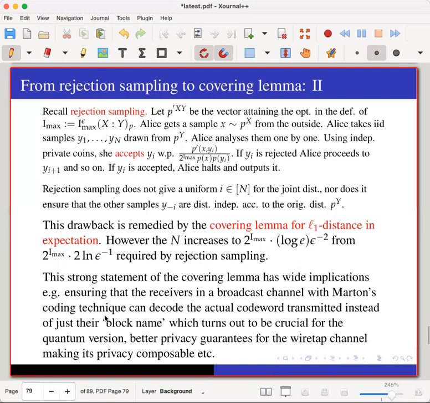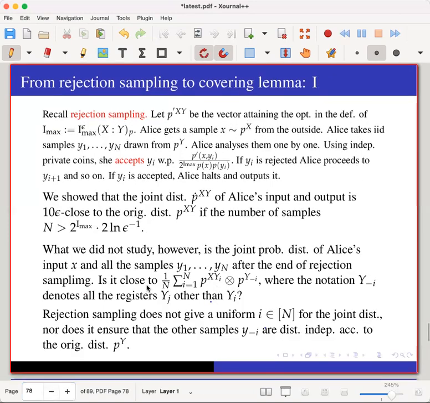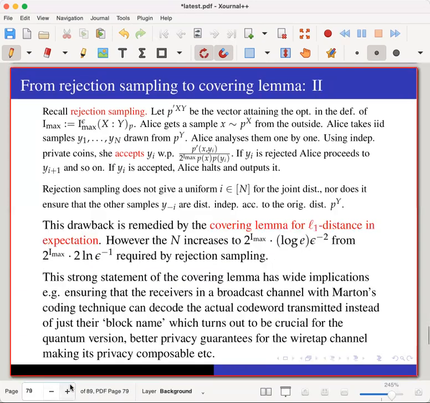Now, as I said, rejection sampling does not give me anything like this. That drawback is remedied by the covering lemma, which, to make it very precise, is a covering lemma for L1 distance and expectation. What this means will be made clear on the next slide.